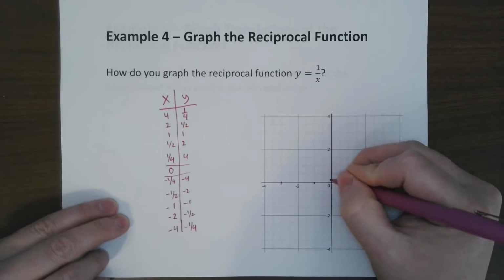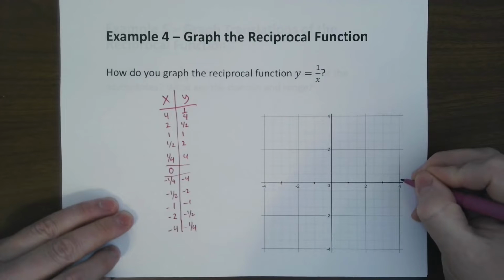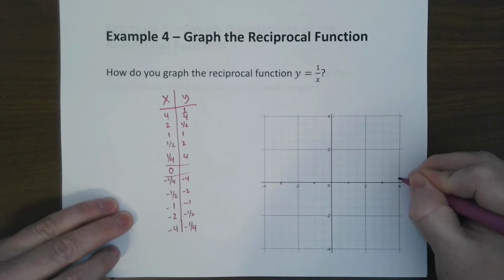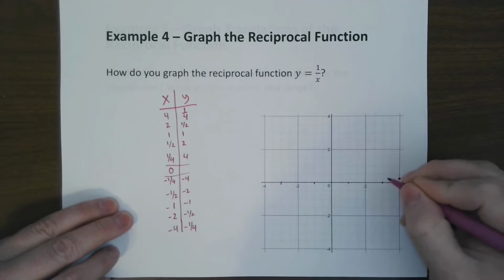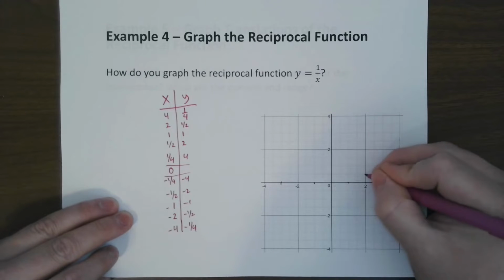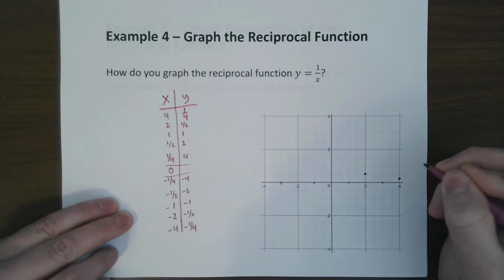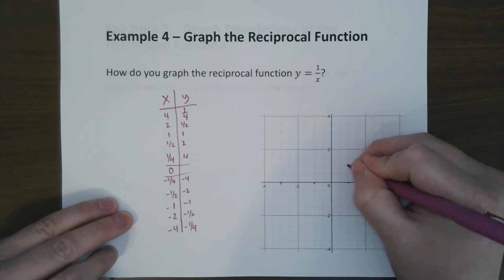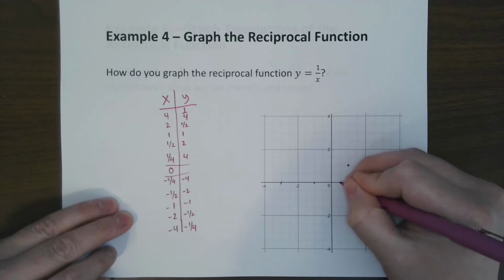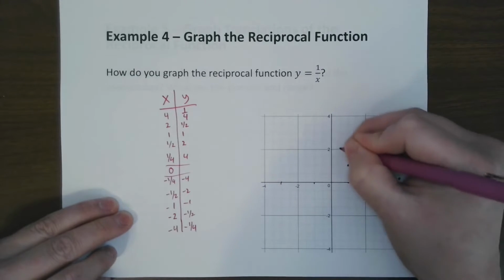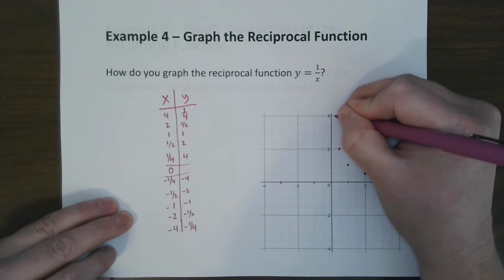So if we go ahead and put this on the graph, 4 over here would be 1/4, which would be right here. We have 2, which would be 1/2, right here. We have 1, which would be 1. We have 1/2, which would be 2. And this would be 4.